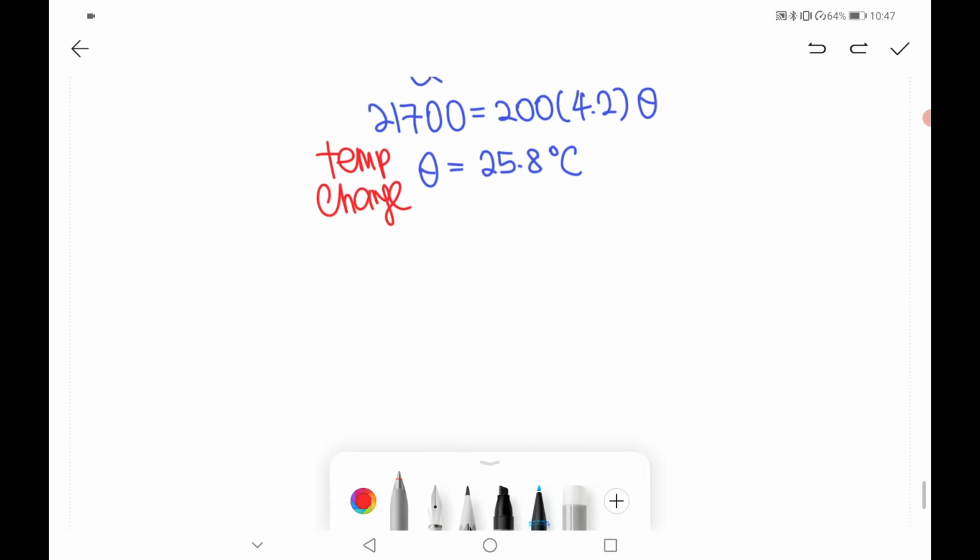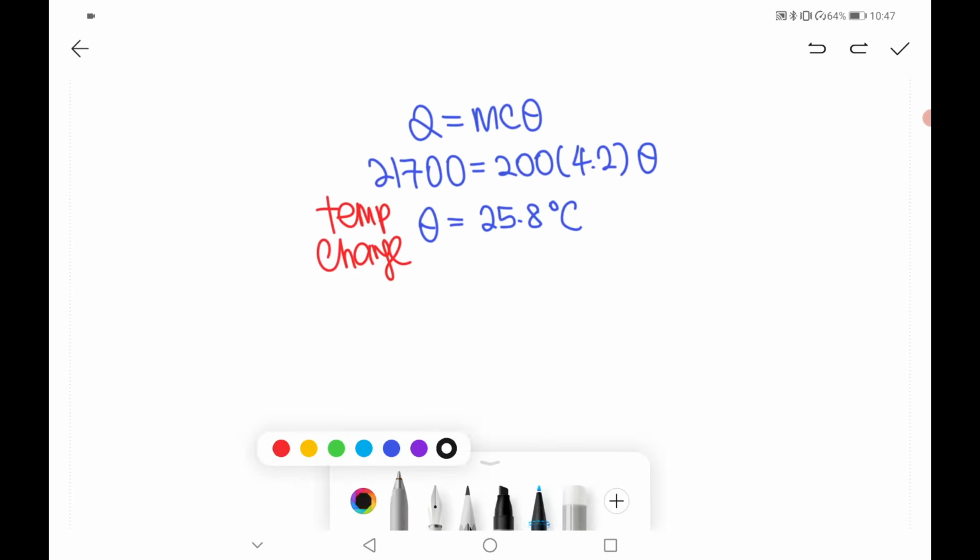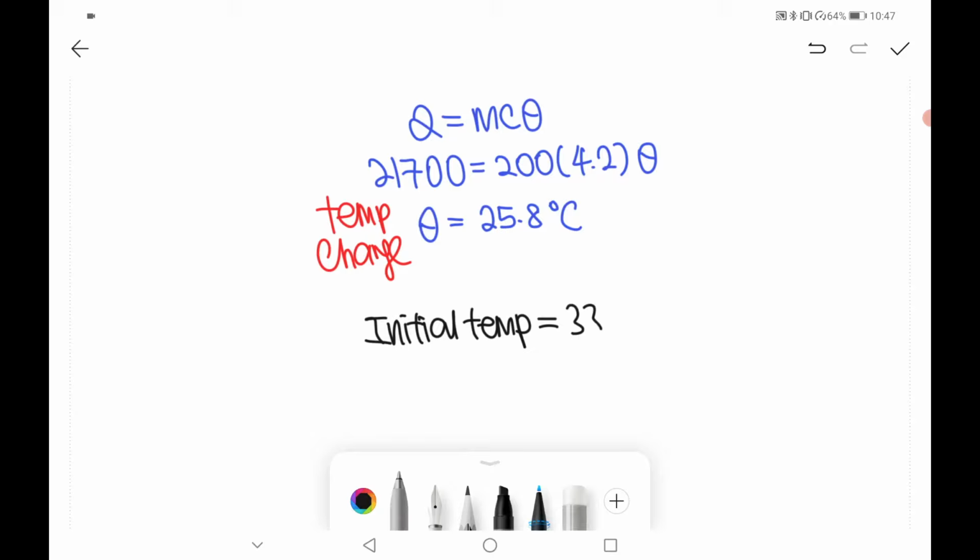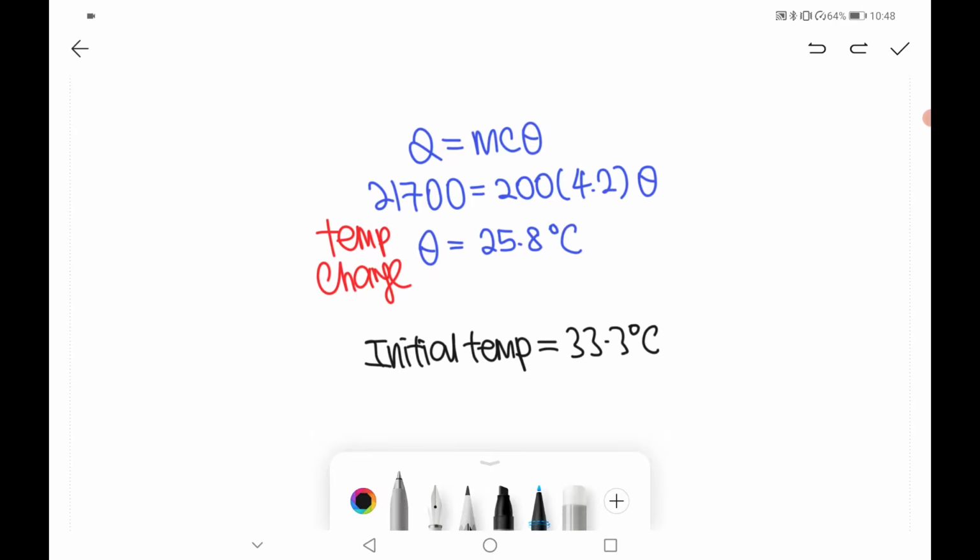So the initial temperature is 33.3, and we know the temperature change is 25.8. Temperature change can be an increase or a decrease, right? True or not? It can be increased or decreased.